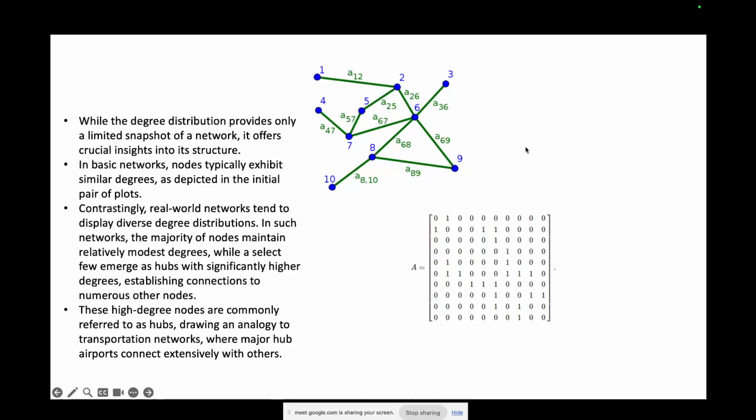So if you think of it from a biological perspective, say for example, you want to design a drug for a particular disease, and you see that a lot of diseases related to the disease that you are trying to find a drug for are connected on a single node.